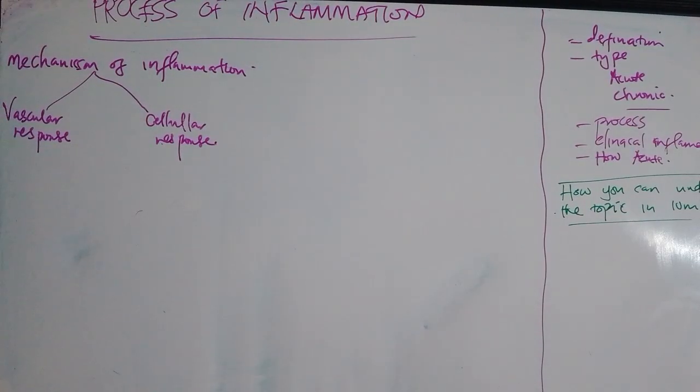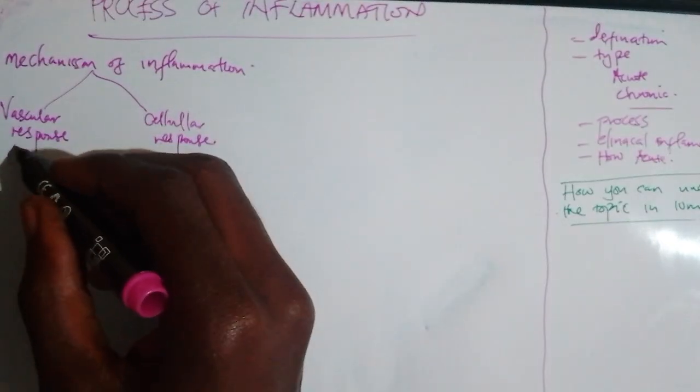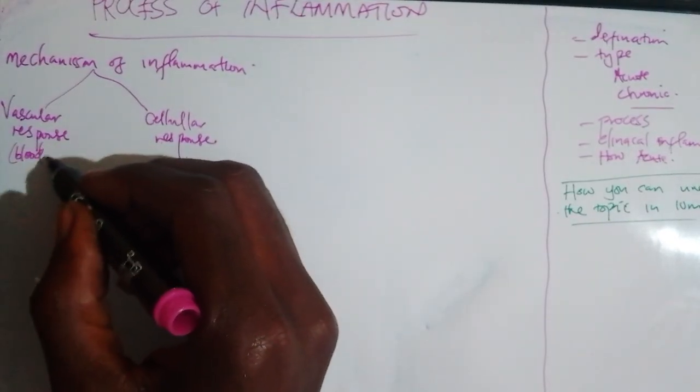So you have to understand that whenever we're talking about defense, what should come into your mind are the blood vessels. The first thing you need to know is the blood vessels, which are known as vascular organ. So if we say vascular response, we are saying that this is how your blood vessels will respond to inflammation. So vascular response involves the blood vessels.